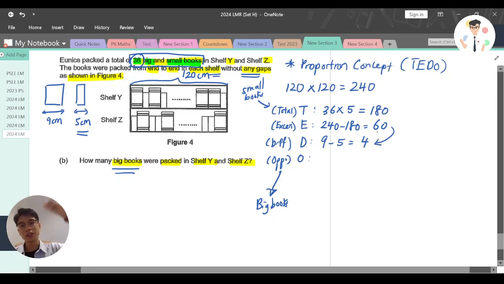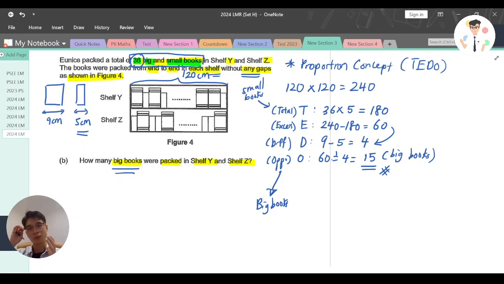So how many of these 4, meaning the unit difference, will result in 60? I'll just use 60 divided by 4. And I know the answer will be 15. And, no, not 15 cm, 15 big books in this case, okay? And I am done for this question. Okay? Yeah, and we're done.